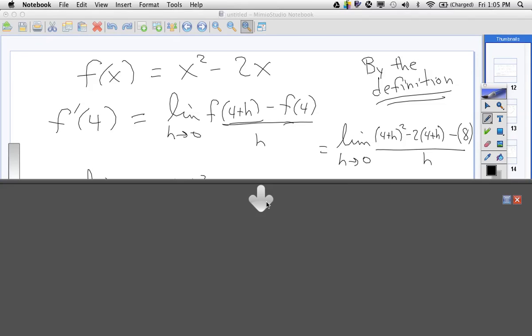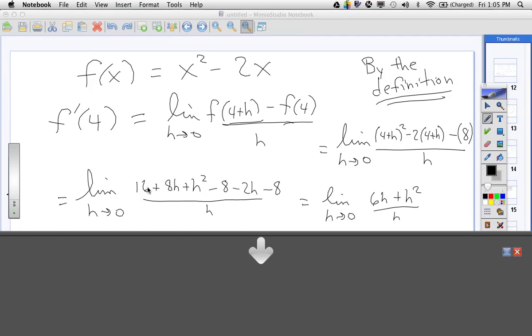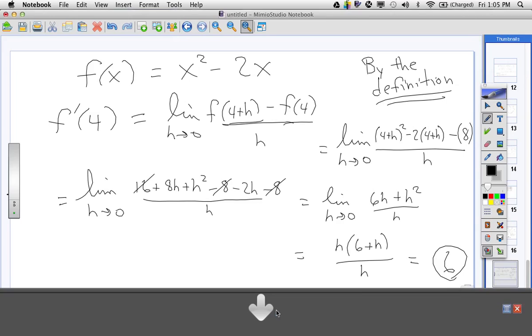We FOIL this all out, which is what I have right here. 16, take away 8 makes 0. 8h, take away 2h is 6h. We can factor out an h. We can cancel. Now we can put a 0 in for h, and voila, we get 6. Okay? So, that's good practice for next week.